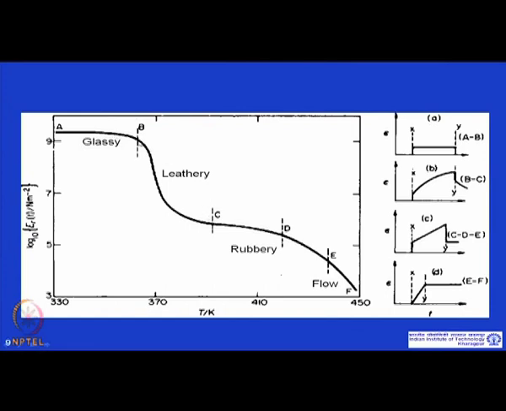What about the leathery part B to C? When you apply the load, it deforms fast, and as long as the stress is present, it will continually deform. The moment the stress is removed, the elastic component is recovered, and then it slowly recovers some of the strain, but it will not come back to the 0 strain value; there will be a permanent deformation here.